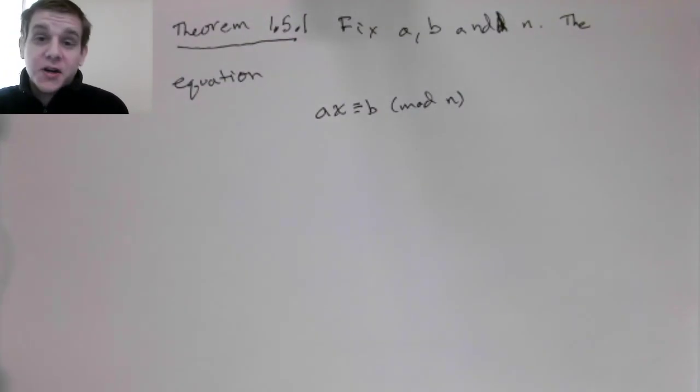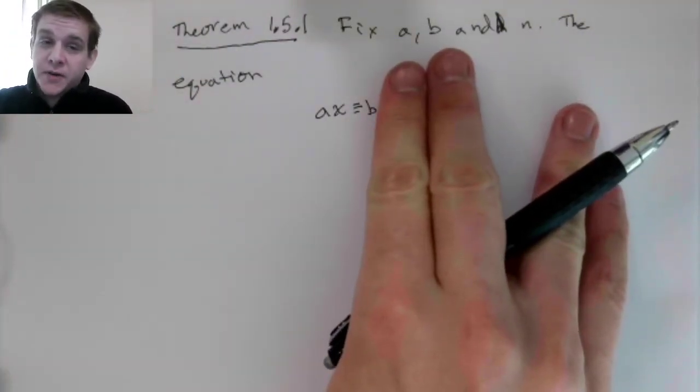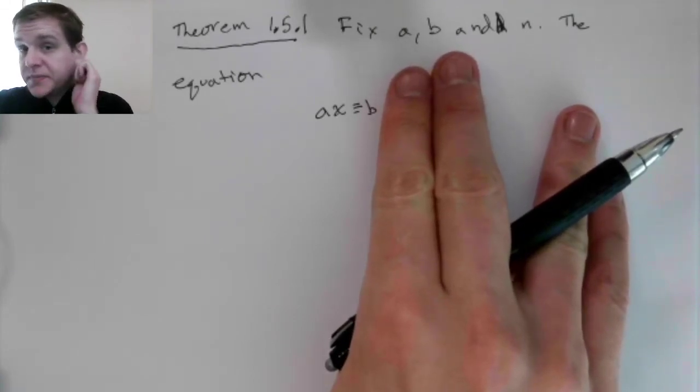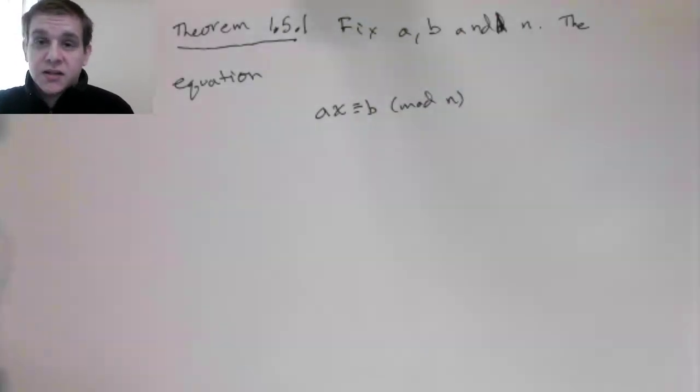All right, this was a very basic linear equation. If this was just A times x equals B, and you wanted to solve for x, you would divide by A. This is what I was talking about earlier when I said certain equations would have solutions. So A times x is congruent to B mod n.